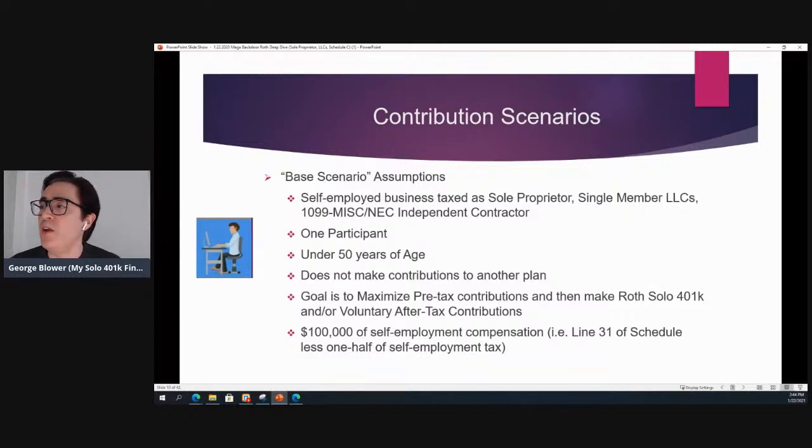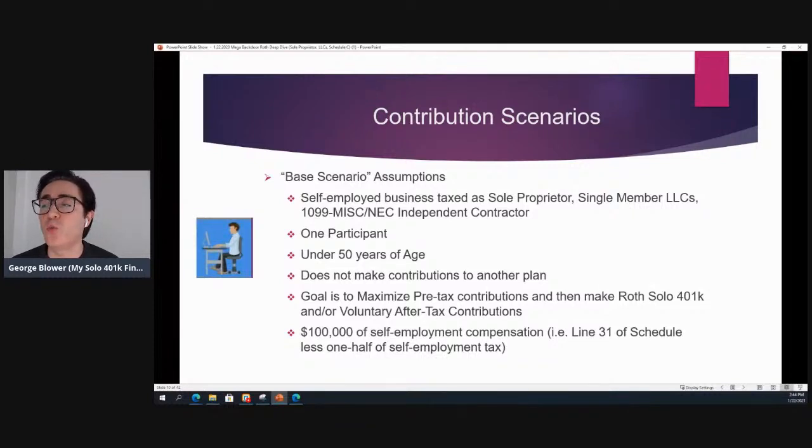Next question, can you comment on how rules address a spouse as sole employee of an LLC? So I gather from this question that you're asking about how a spouse could also participate in the plan. You can have a solo 401k where you actually have multiple participants, where one is one spouse and the other participant is the other spouse.